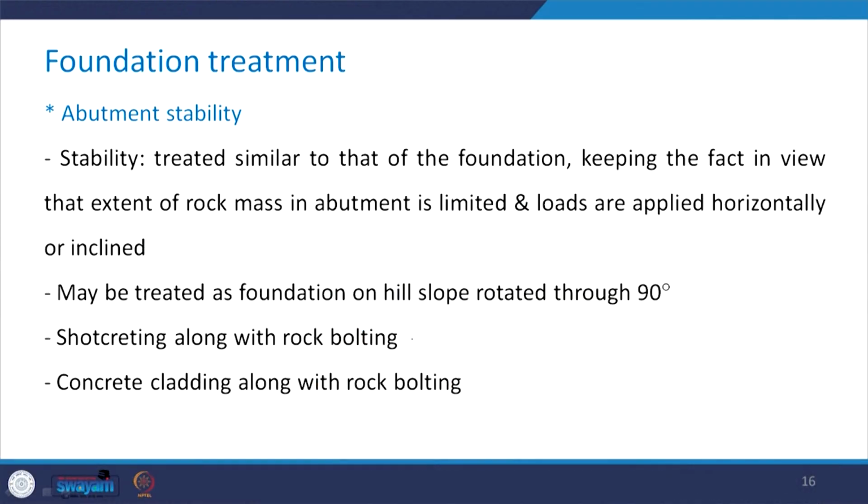So these may be treated as foundations on a hill slope rotated through 90°. Whatever measures you have learnt for slope stability analysis can be applicable in the case of abutment stabilization. This can include shotcreting along with rock bolting, and sometimes when this does not work, one can go for concrete cladding along with rock bolting.